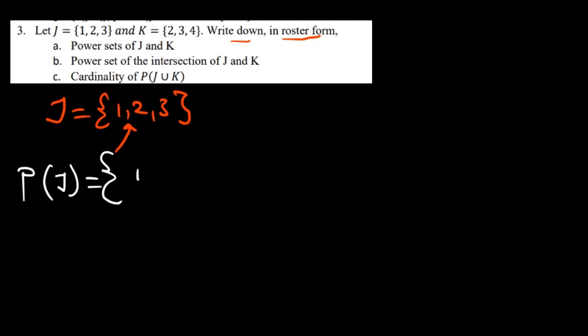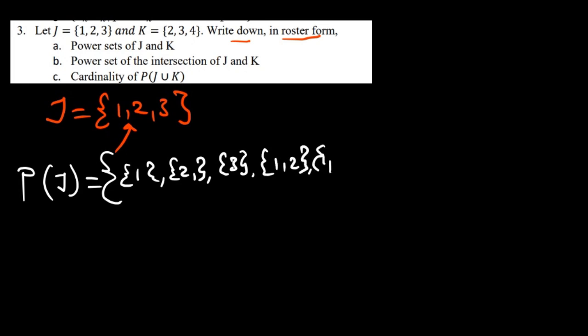The first one will just have 1, the second one will just have 2, the third one will just have 3, and then the other one will be a combination of 1 and 2, the other one will be a combination of 1 and 3. Let me write that properly.